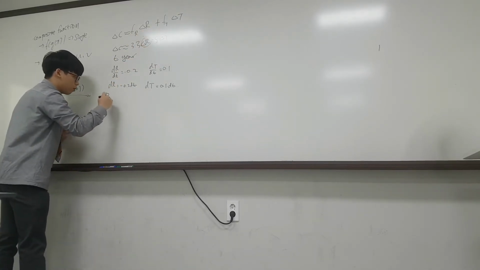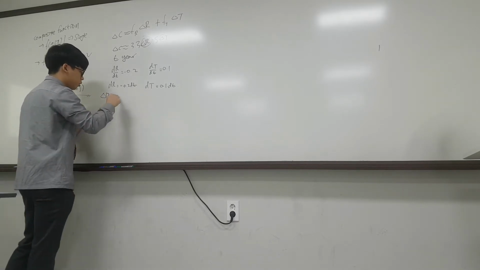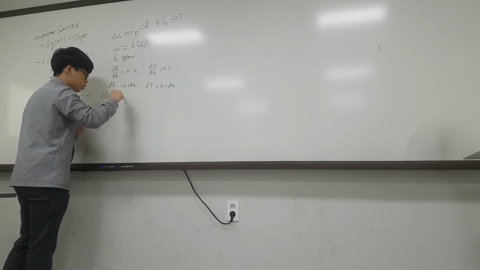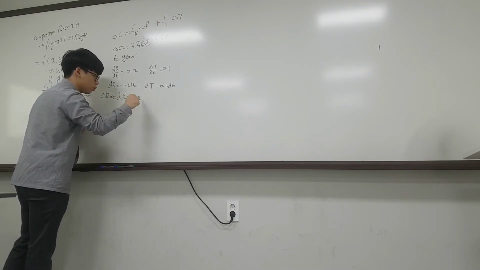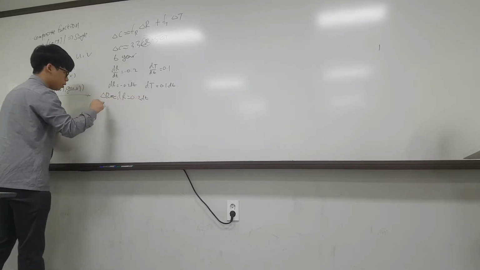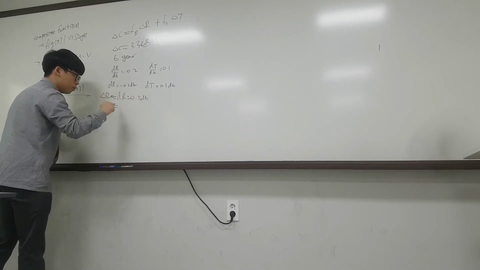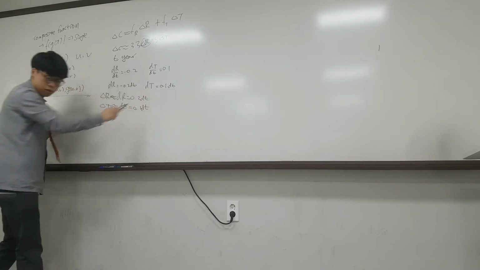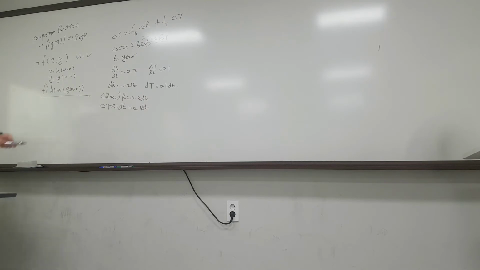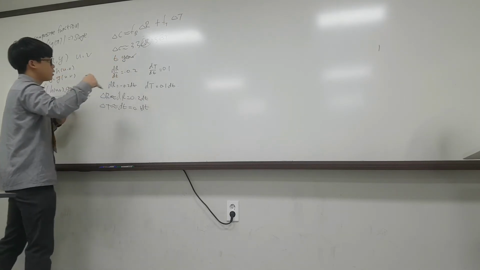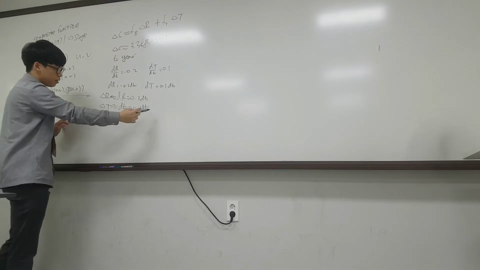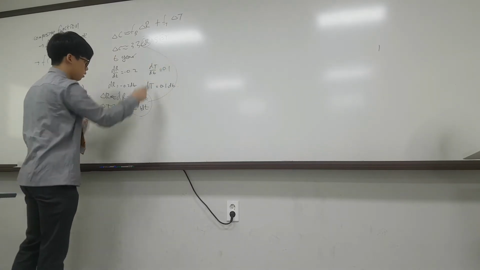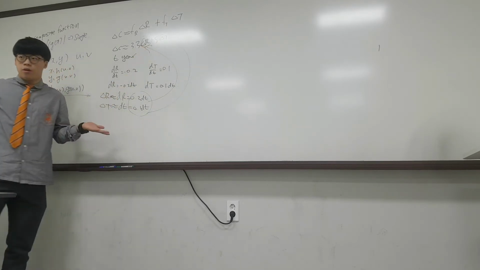So delta R will be approximately dR, which is negative 0.2 dt, and delta T will be approximately dT, which is 0.1 dt. Now we can solve delta C in terms of dt, so we can plug these in and you'll have the answer.